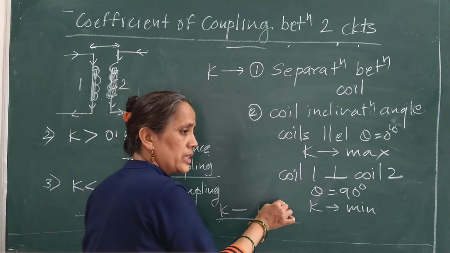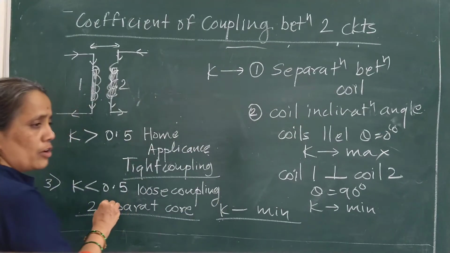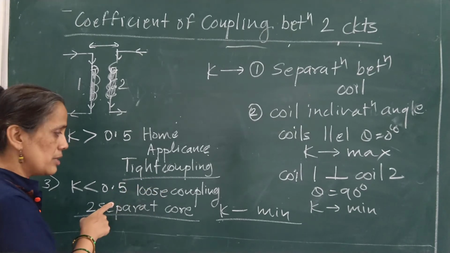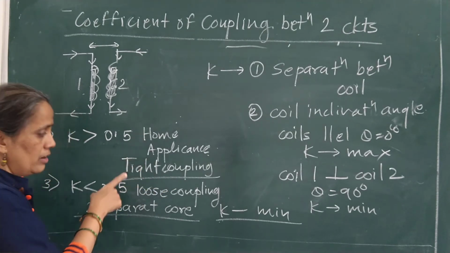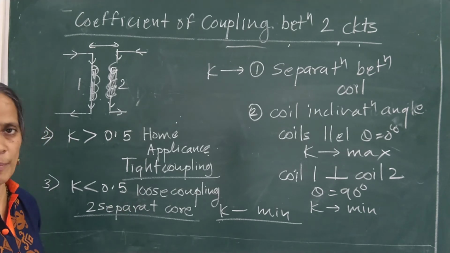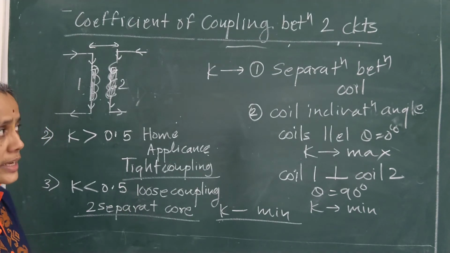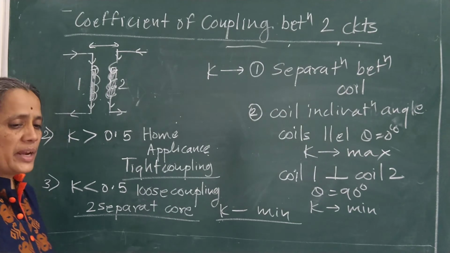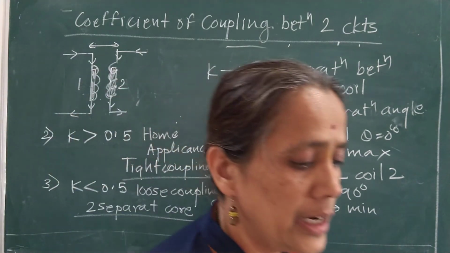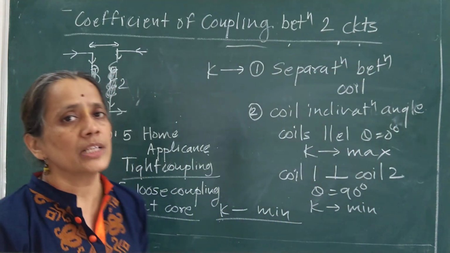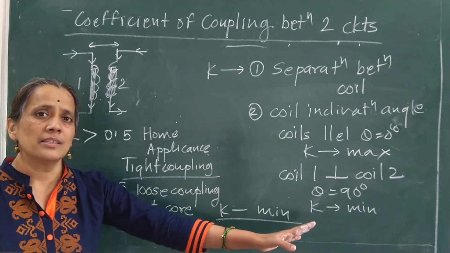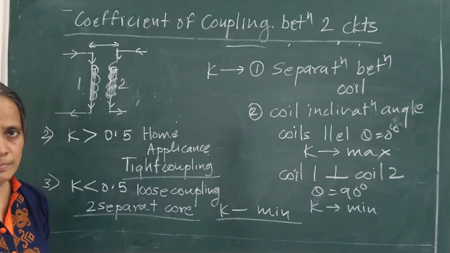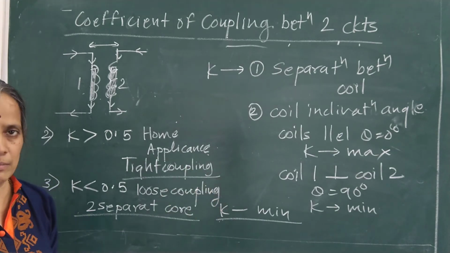So just by taking this precaution, we can reduce the value of K, and if we reduce the value of K, then either we can use the tight coupling or the loose coupling. So in this manner, you can use this coupling concept in the ideal case as well as the practical case. Ideal case means K is equal to 1, which is called perfect coupling.